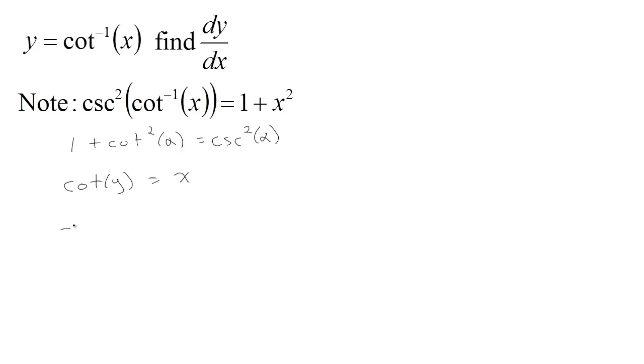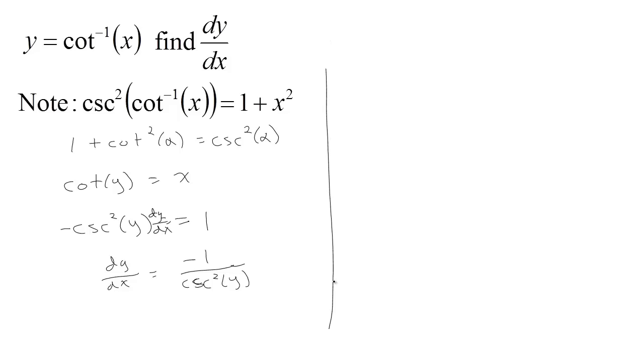Now the derivative of the cotangent is the negative cosecant squared. Oh, and we get dy dx because of the chain rule. And then that's equal to the derivative of x with respect to x, which is 1. So solving for dy dx, we get negative 1 over the cosecant squared of y.